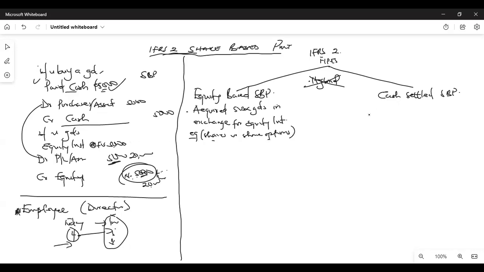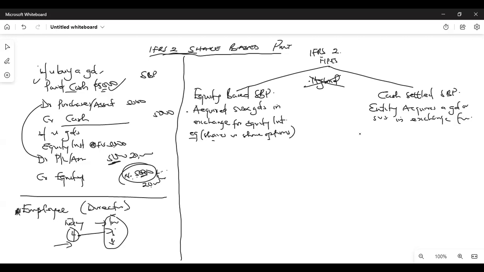But here, what is happening is that the entity will acquire a good or service in exchange for cash measured.